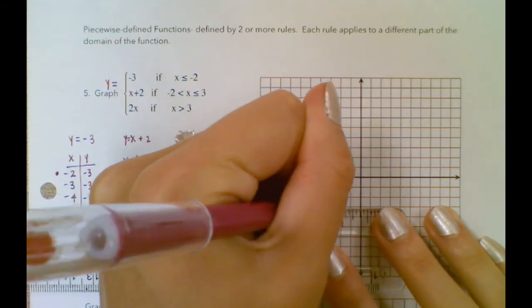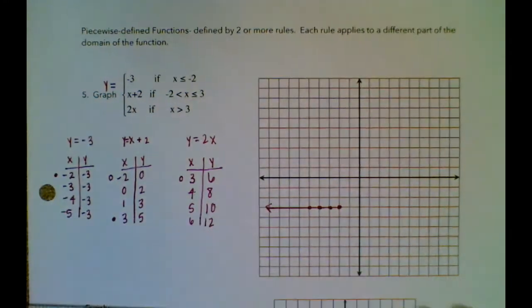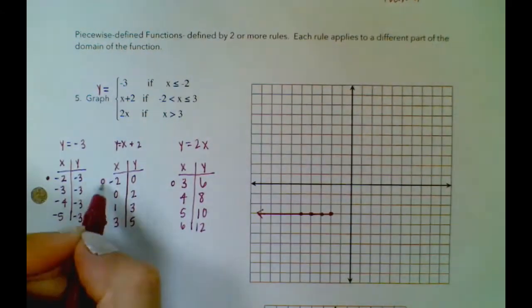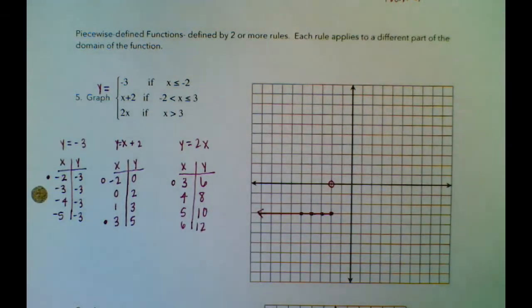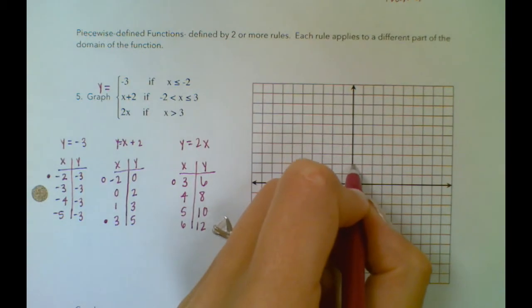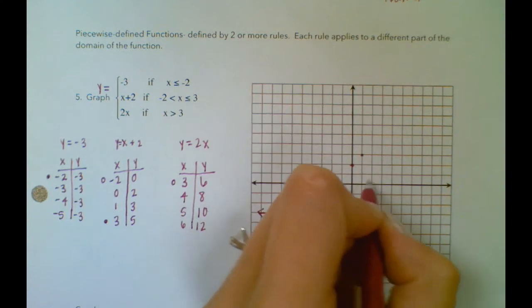So that goes out like that. Then we have negative 2, 0. That's an open circle. So at negative 2, 0, I'm going to place an open circle. Okay? We have 0, 2. 1, 1, 2, 3.